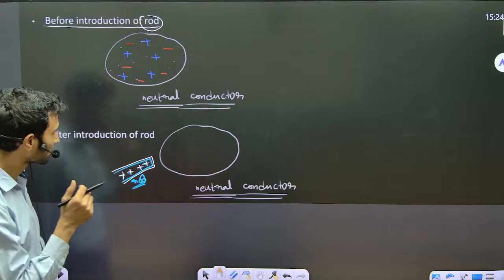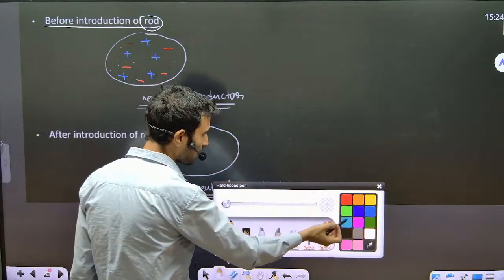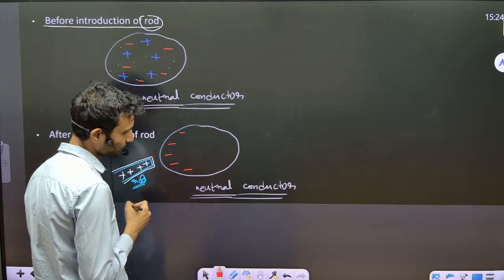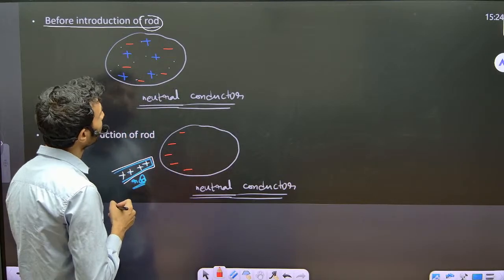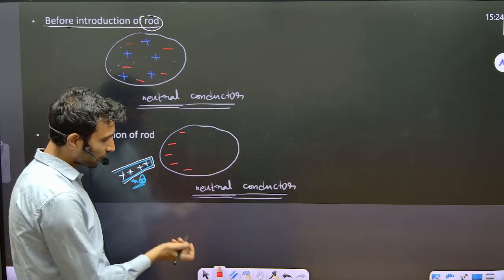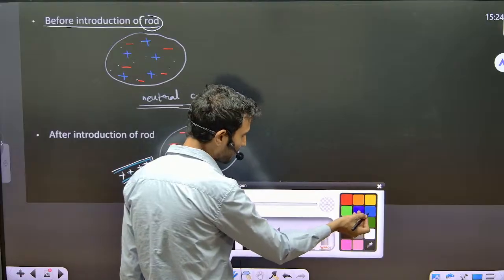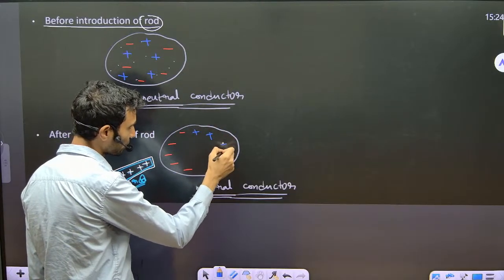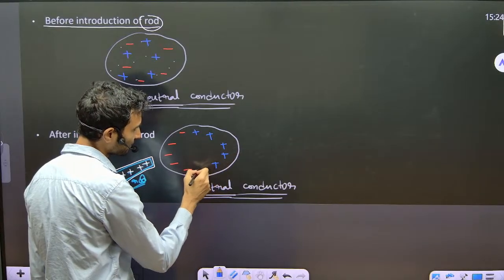Negative charge, right? So the negative charges will get attracted by the rod. And positive charges, because they are like charges, will get repelled from the rod. So they will go and accumulate here.